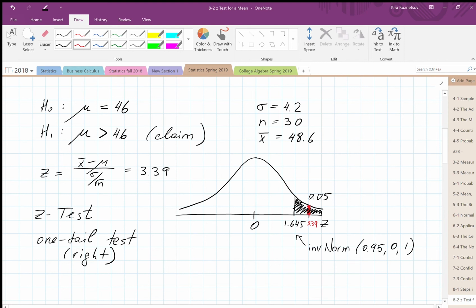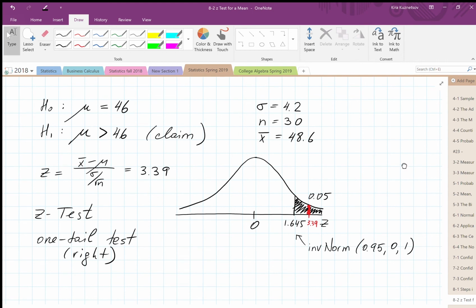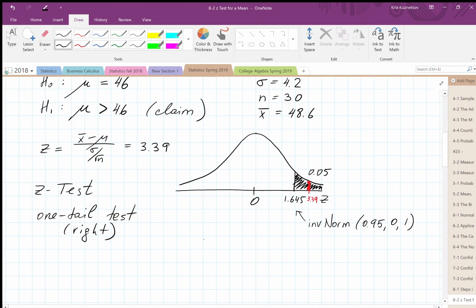If I'm inside the critical region, the result of the test is reject the null hypothesis. You must state it as a complete sentence, not like the book is showing in the answers at the end of the book. I'm looking for complete sentences.